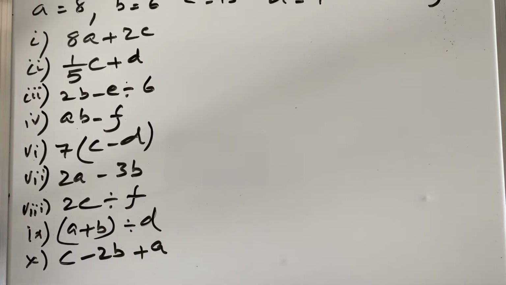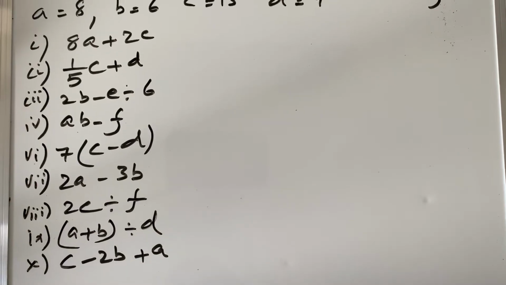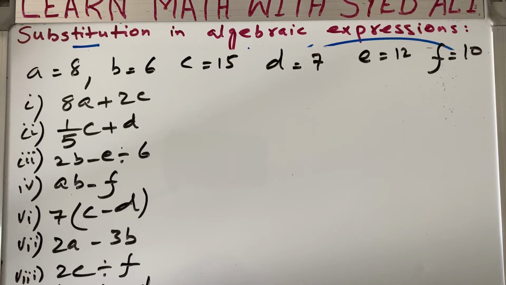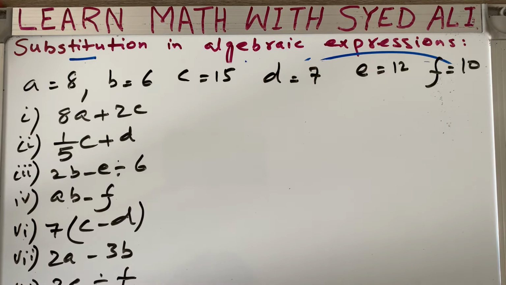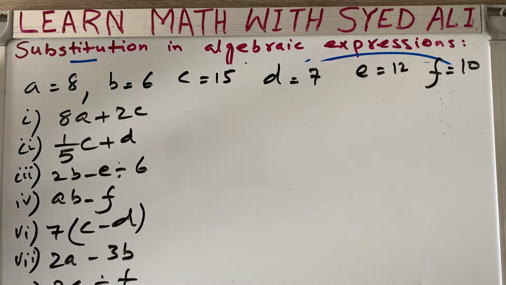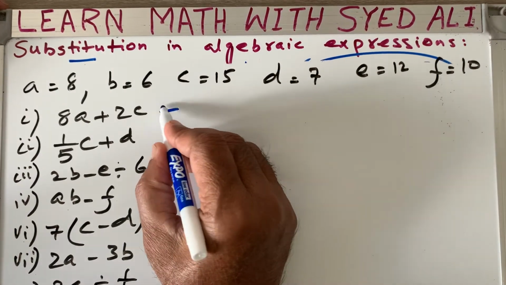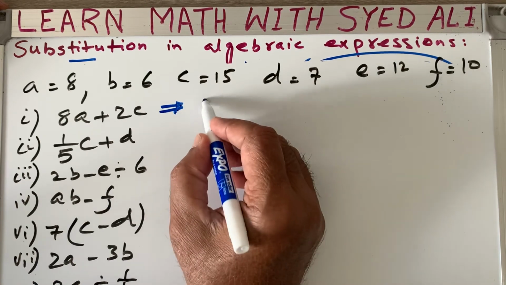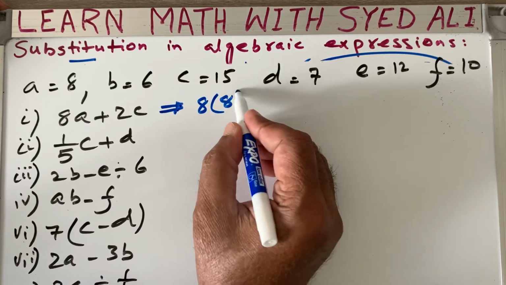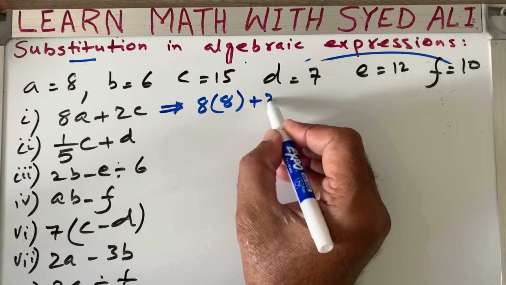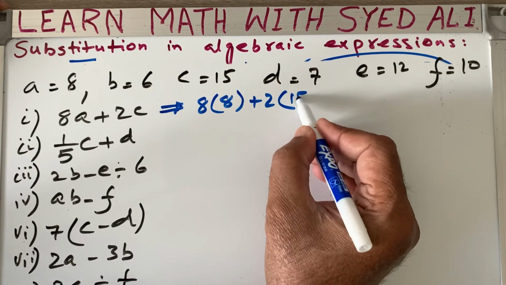So these are the 10 algebraic expressions, and we need to solve them since the values of these variables are given. Let's have a look how to solve it. So 8a plus 2c: 8 times a is 8, so you plug in, plus 2c, you plug in c, which is 15.